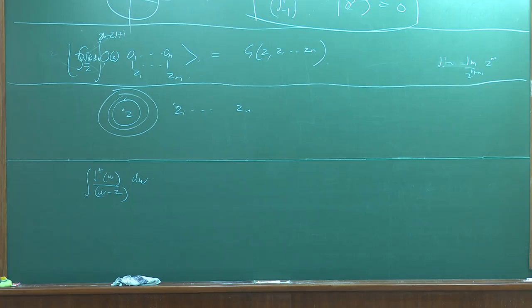Is that clear? Why is it not acting on the other operators? Because I want to use the equation that this action on O is 0. That's the equation I have, right? That I act with J tilde minus to the power k on O and I get 0.